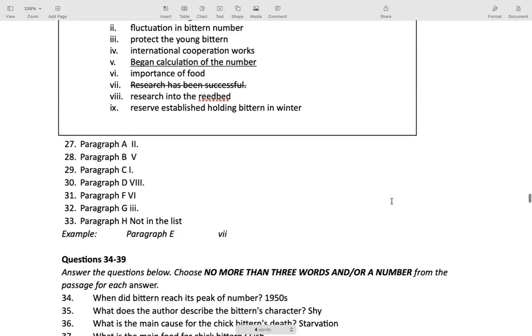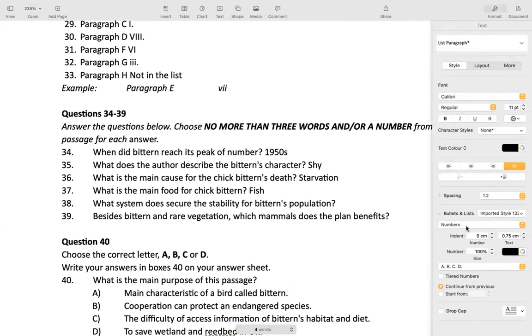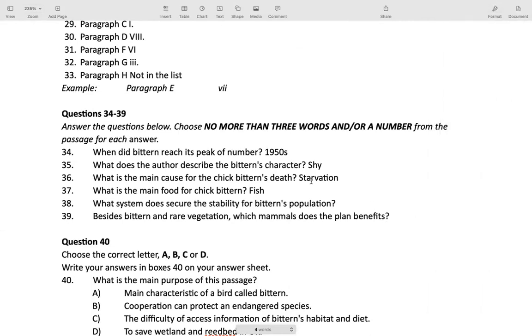Check. Allowed. No more than three words and/or a number. So it's okay. Do you have a doubt? If you don't, I'm going to the next one. So the answer would be partnership project or a network of 19 sites.